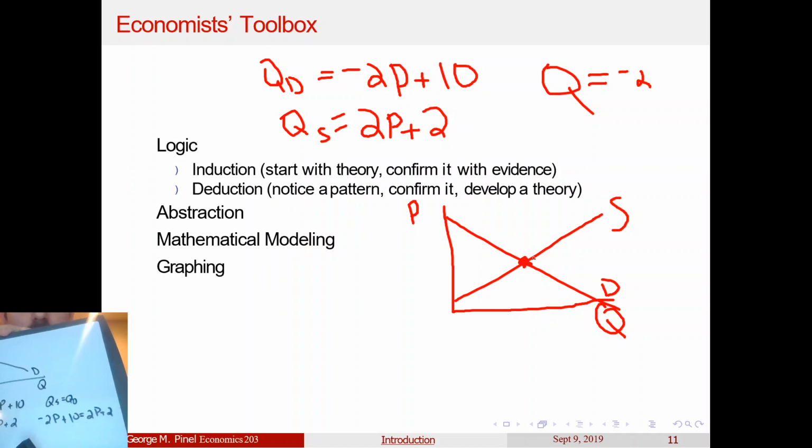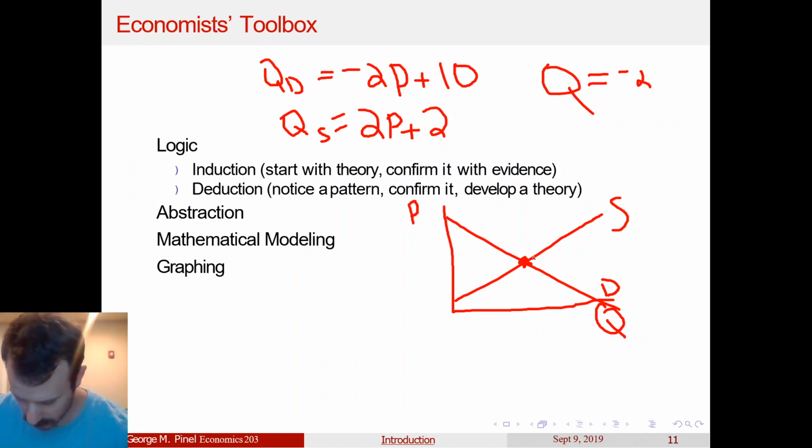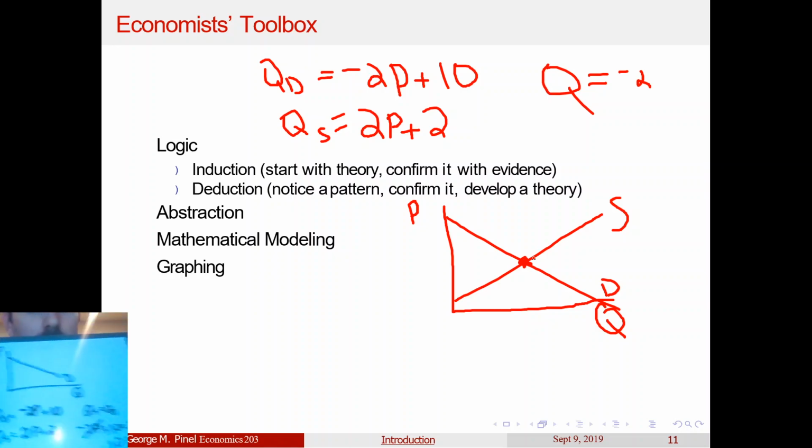I want to add 2p to both sides. Negative 2p plus 2p equals 0. So then I have 10 equals 2p plus 2p equals 4p. So I have 10 equals 4p plus 2.